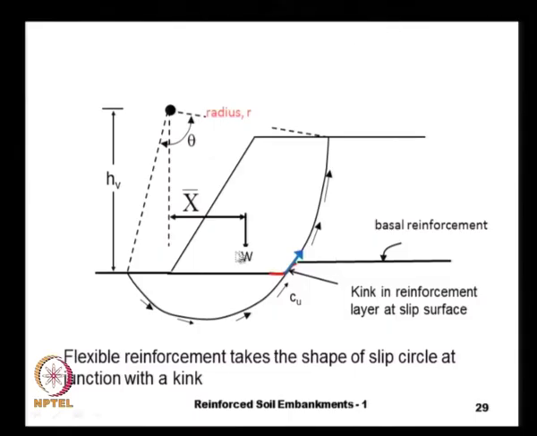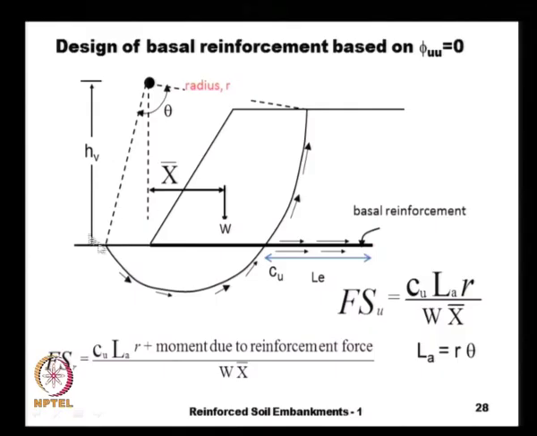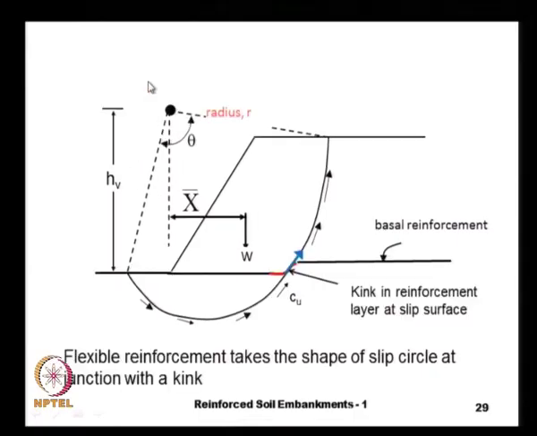And because the reinforcement force is acting tangent to the slip surface, the lever arm for this is the radius r, whereas for the previous case where the reinforcement force is acting horizontally, the lever arm is the vertical height from the level of the reinforcement to the center point of the rotation.